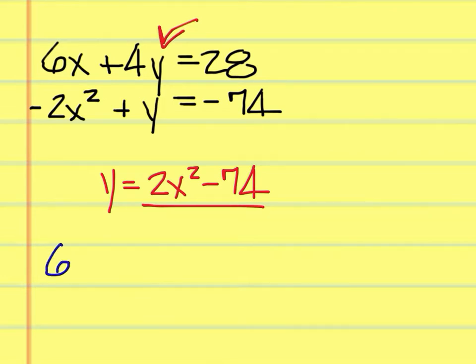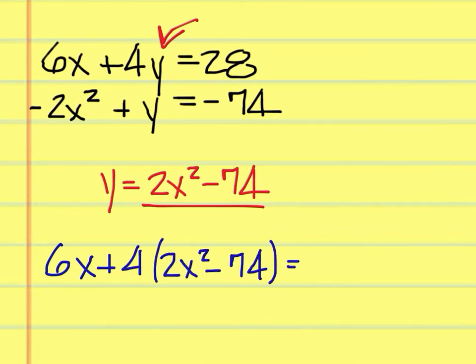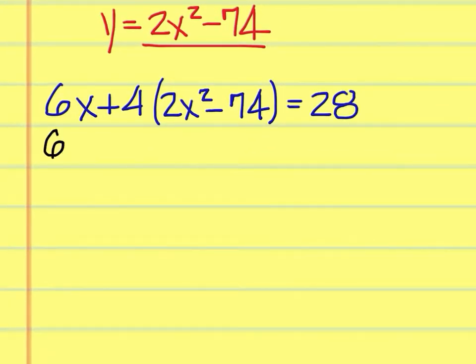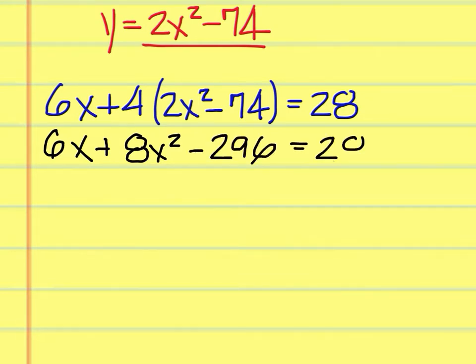So you can do 6x plus 4 times 2x squared minus 74, and then set it equal to 28. 6x is unchanged, but 4 times 2x squared is 8x squared, and 4 times a negative 74 would give you a value of 296, but that's minus 296. Set it equal to 28.